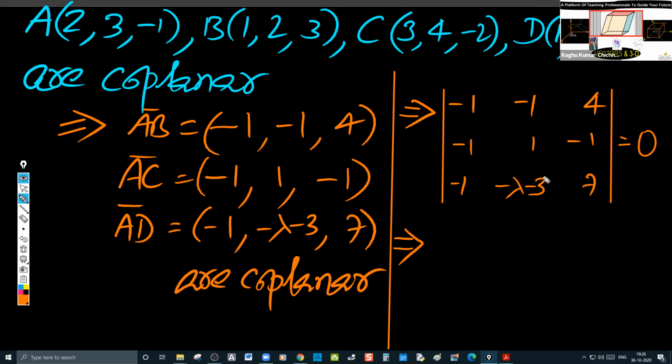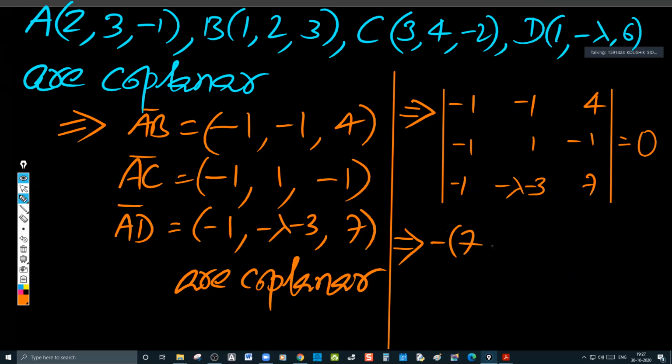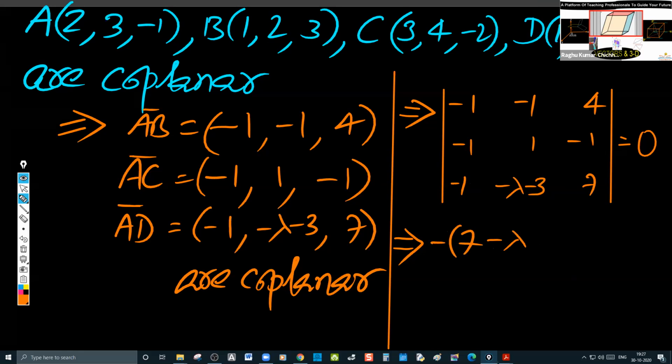Any one of you, do tell me, this is minus of 7. Minus of minus becomes plus there. The lambda equals -2, sir. -7, -1, -8 plus 4 into lambda plus 3 plus 1 equal to 0.